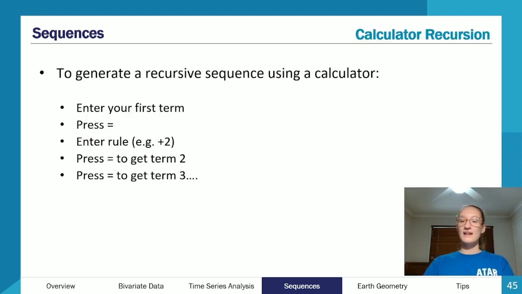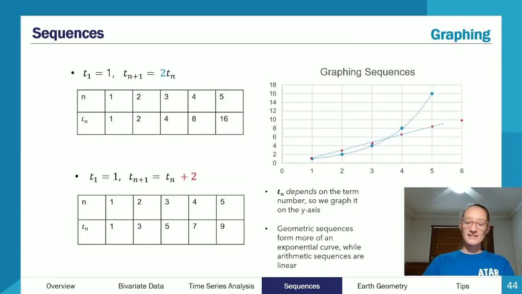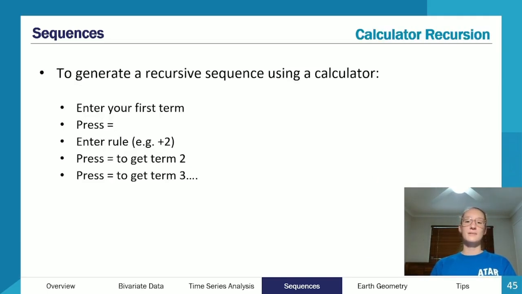And that separation is only going to get further as we continue further on in our trend, because this is going to keep following that same straight line forever, but this is going to keep doubling and doubling. It's so interesting to think about how they're modeled and represented differently, and it's especially obvious when we compare them on the same graph. So like I said, geometric sequences, we're thinking exponential curve, whereas our arithmetic sequences are linear.